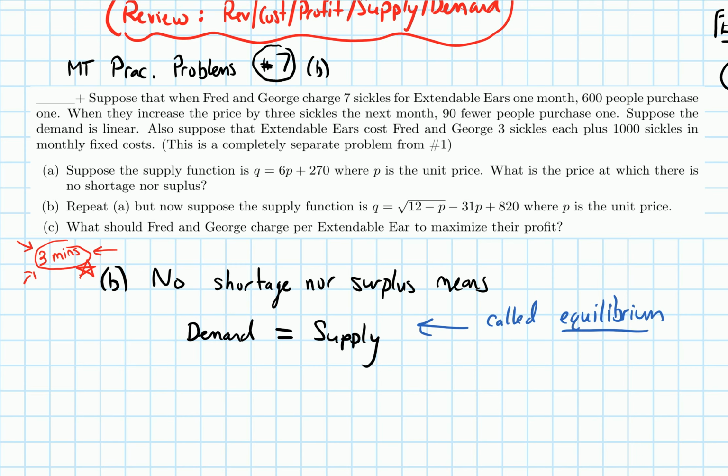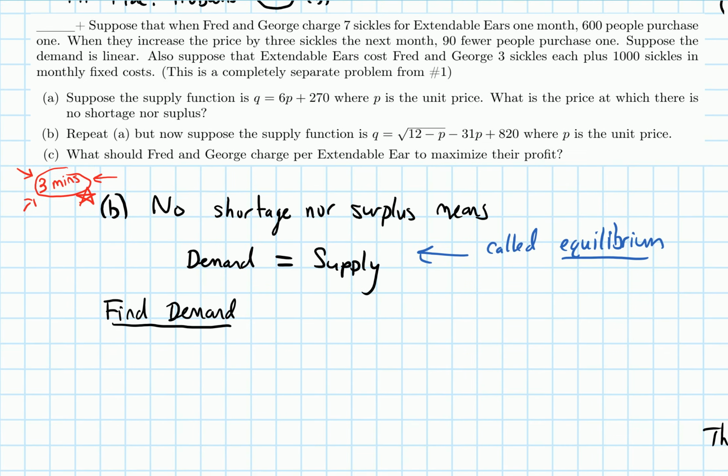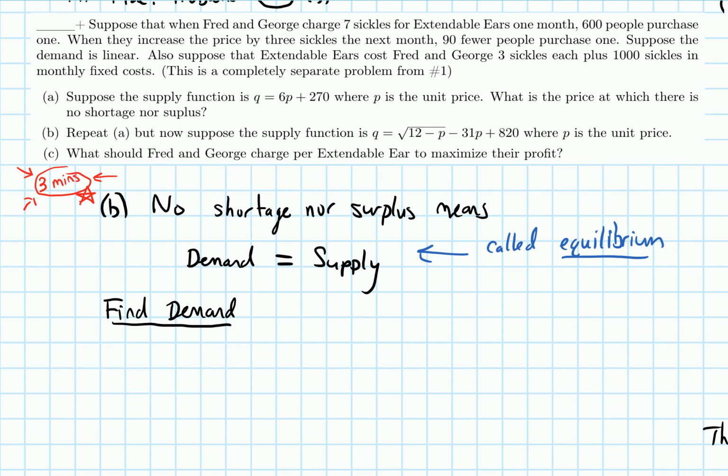When does equilibrium happen? Well, to answer that, we need the demand and we need the supply. And in part B, we're given the supply, so we need to find the demand. If we look at the information that it gives us, this problem gives us a couple of P, Q values, so price and demand values, that I can put into a point as coordinates.